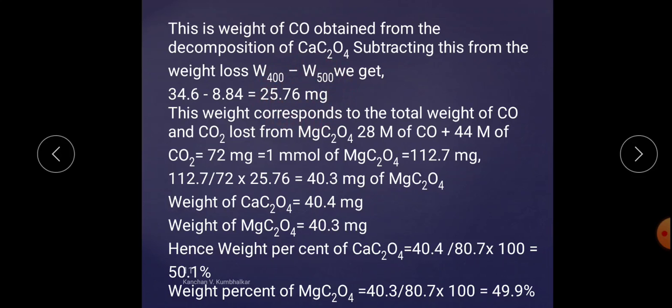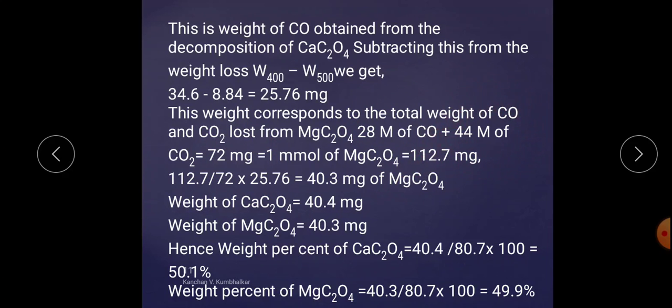So by calculating, this weight corresponds to the total weight of CO and CO2 lost from the magnesium oxalate. Now we know CO is 28 molar mass and CO2 is 44, mg whatever. So the total weight of CO and CO2 liberated from the magnesium oxalate is 72 mg, means 28 mg of CO and 44 mg of CO2.